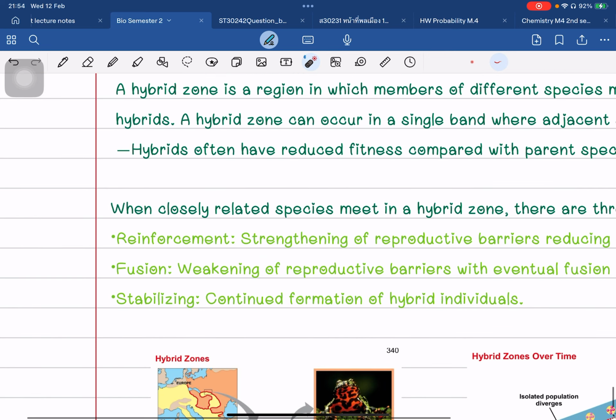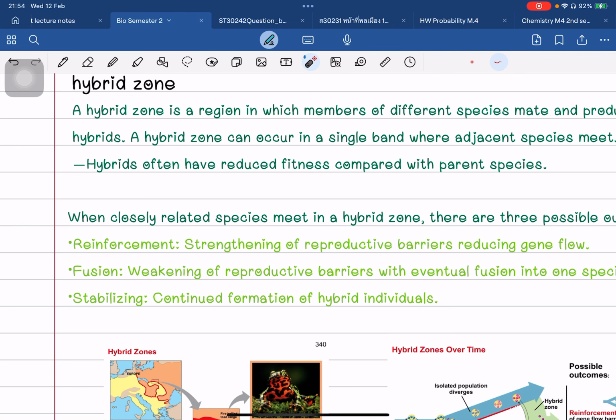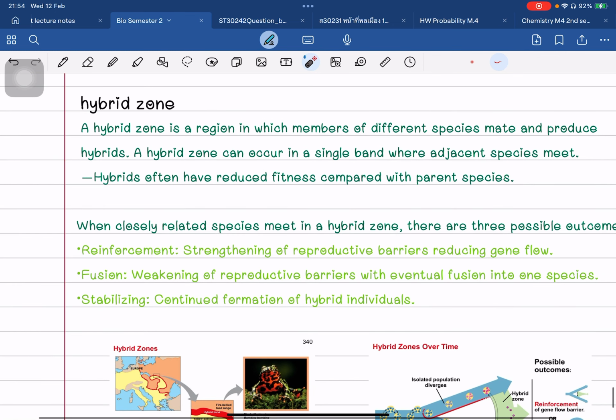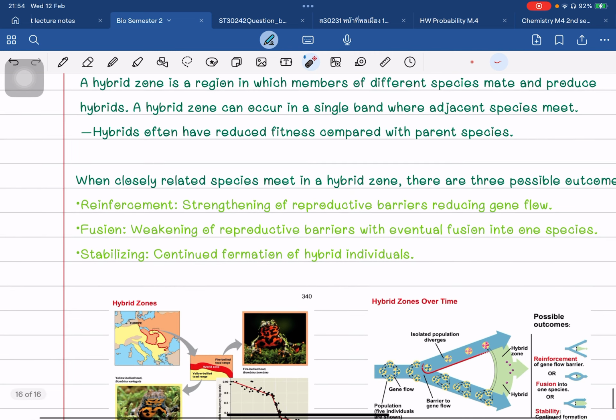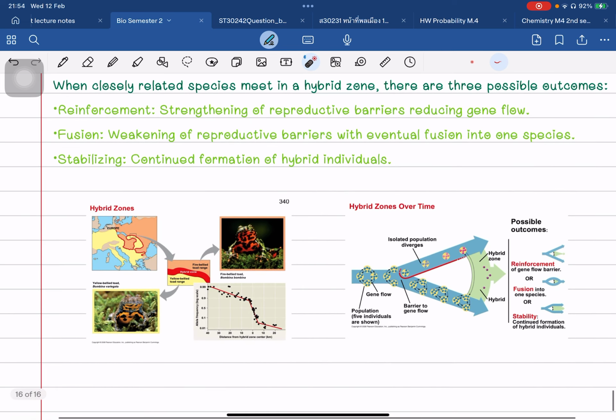First is reinforcement, the strengthening of reproductive barriers, reducing gene flow. Next is fusion, the weakening of reproductive barriers with eventual fusion into one species. And the last one is stability, the continued formation of hybrid individuals.